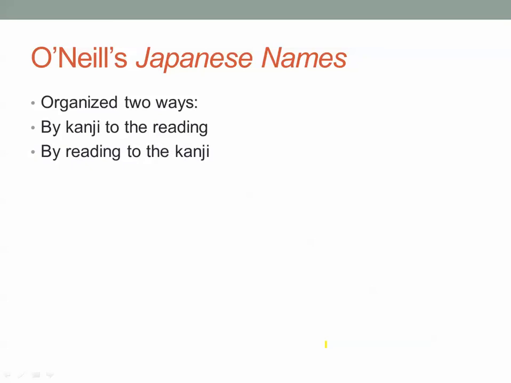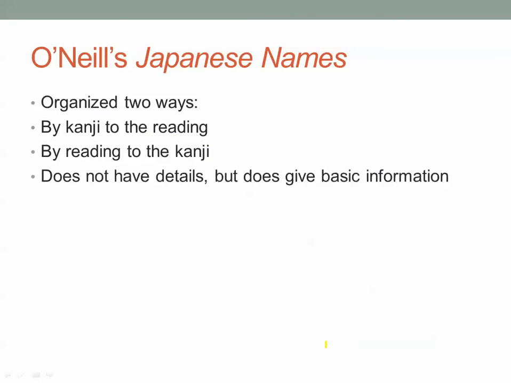And then the second half is done in the opposite direction, so you can look up names. It's not done by iroha, it's actually done by ABC and it's in romanization, but same idea. So a phonetic presentation, and then it will give you the various kanji that could be read that way. And I'm going to show you examples of that.